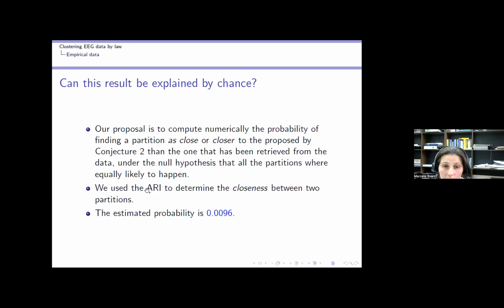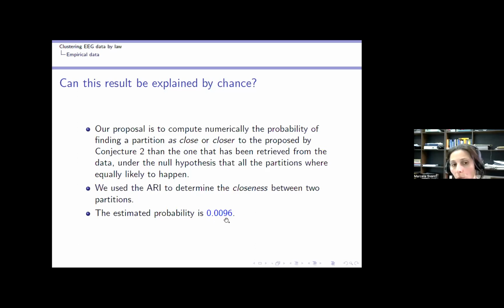And to compare those partitions, we used the adjusted Rand index, which is a measure of the similarity between partitions, to determine the closeness of those partitions. The estimated probability of having this result by chance was less than 1%.